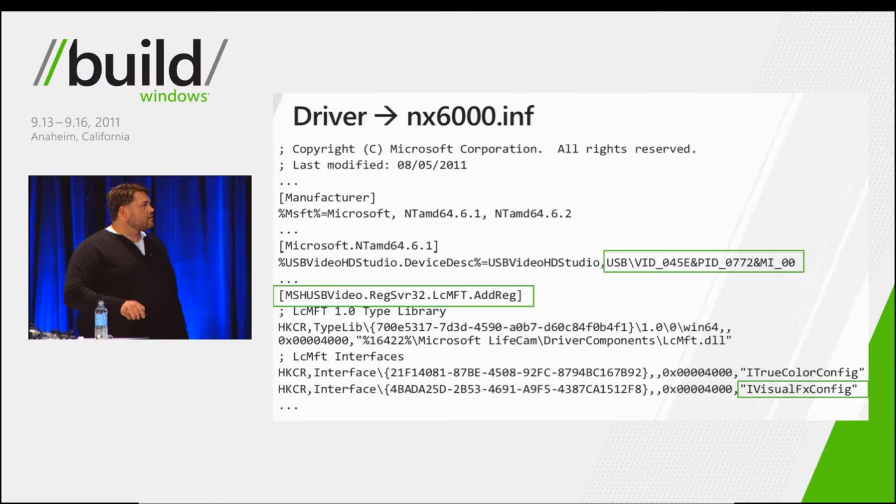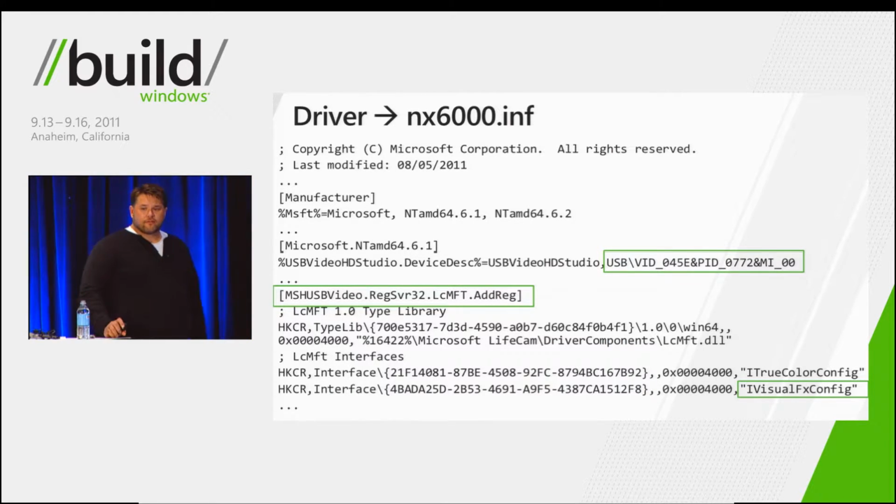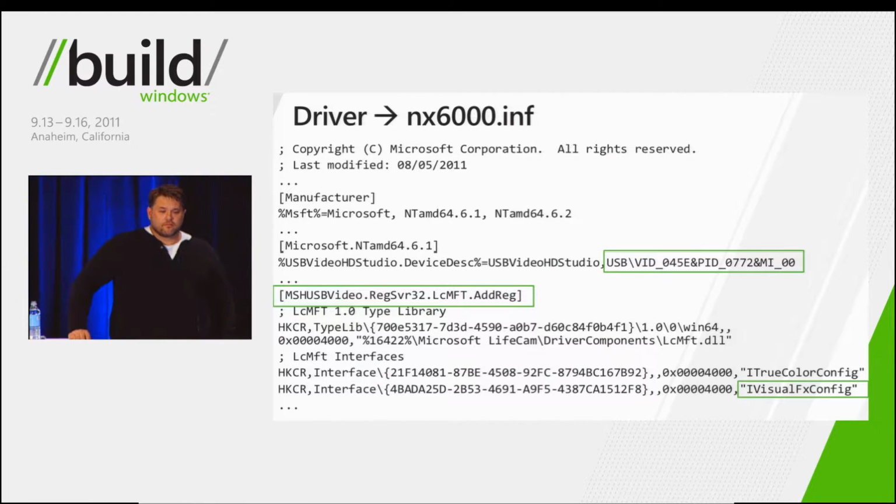So you can see here in this first green box, this is the driver INF for their device. And we can see there their device identifier, and that's the VID/PID pairing for the device that connects over USB. Of course, the INF is very, very long, and it wouldn't fit on that screen, even in 1-point type. But one of the things that I pulled out was where they're registering their special Media Foundation transform.